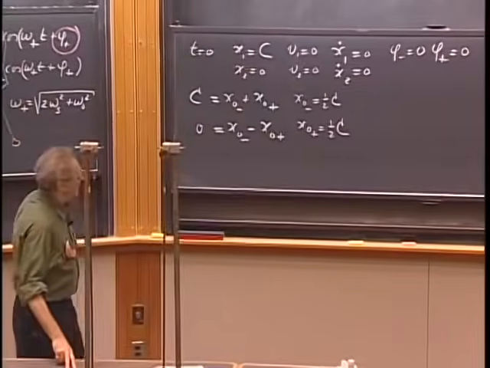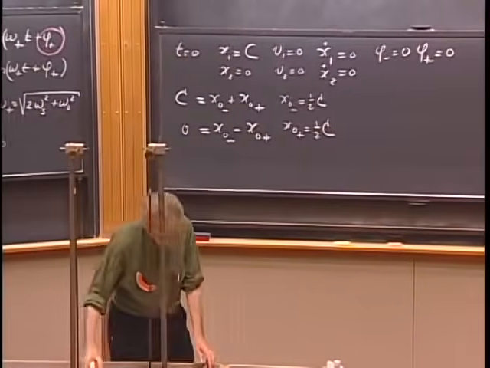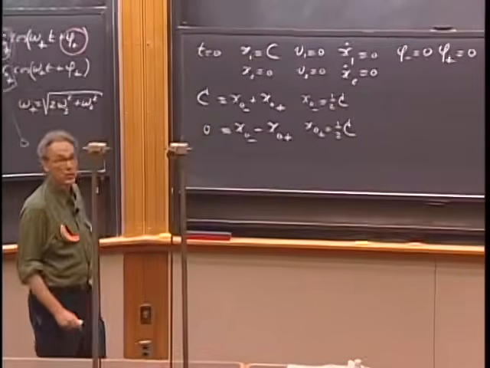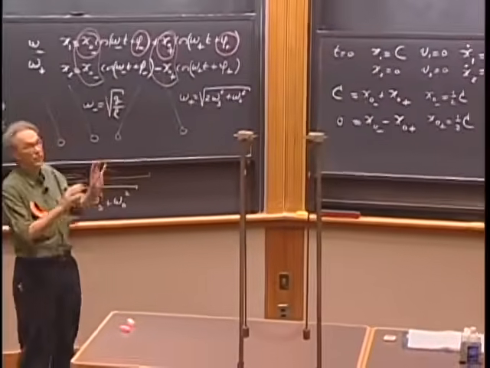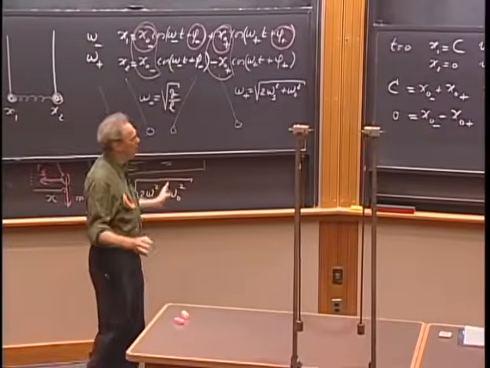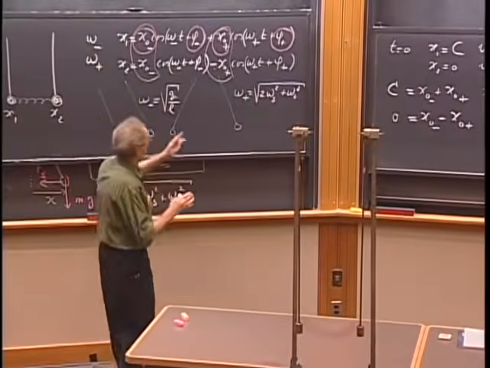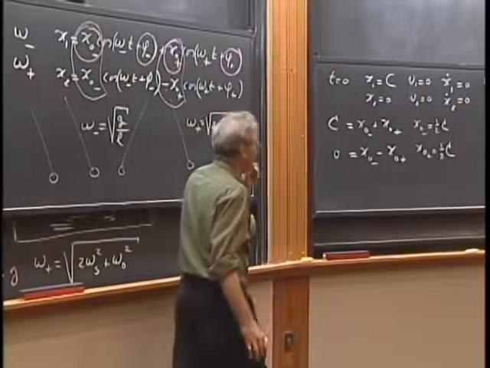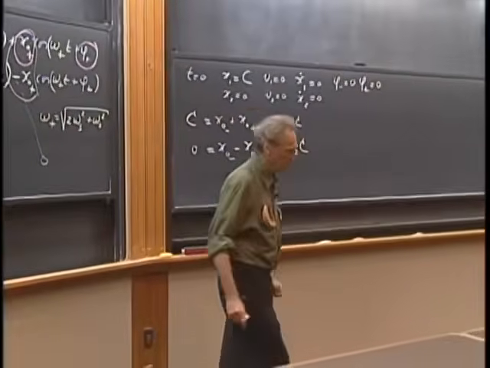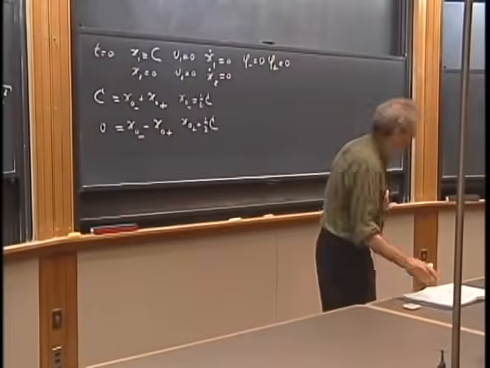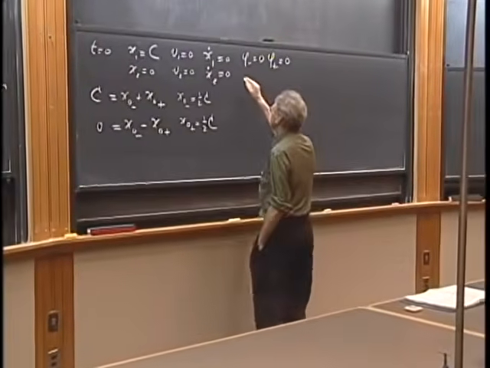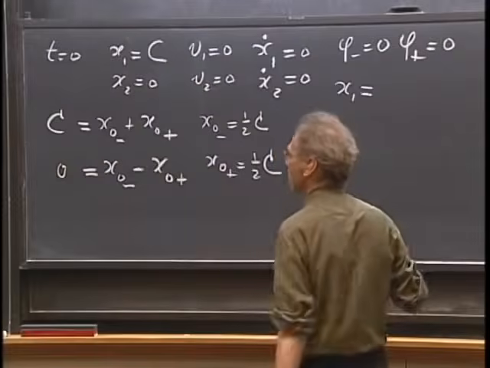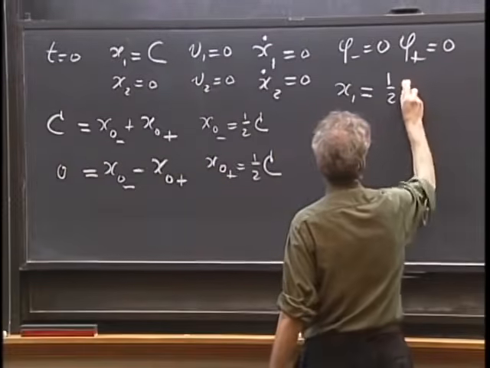So let me write down now the general solution that we have for this specific initial condition. So we know everything. We know x0 minus, we know x0 plus, we know phi's, we know everything. So I'm going to write it down here. So x1 is going to be 1/2 c.